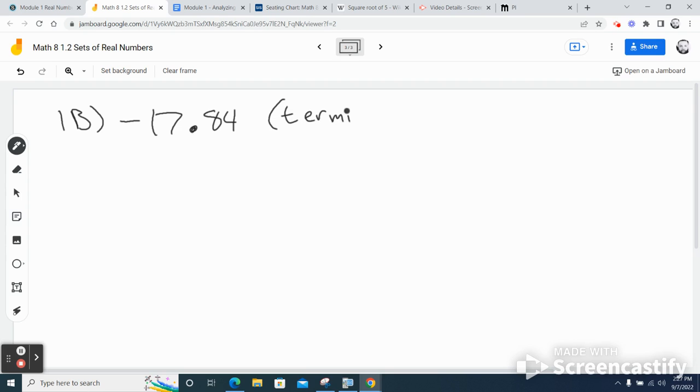So be sure to write this down. That means it ends. It doesn't repeat. It doesn't go on. So right off the bat, because it terminates, we know that it's a rational number.